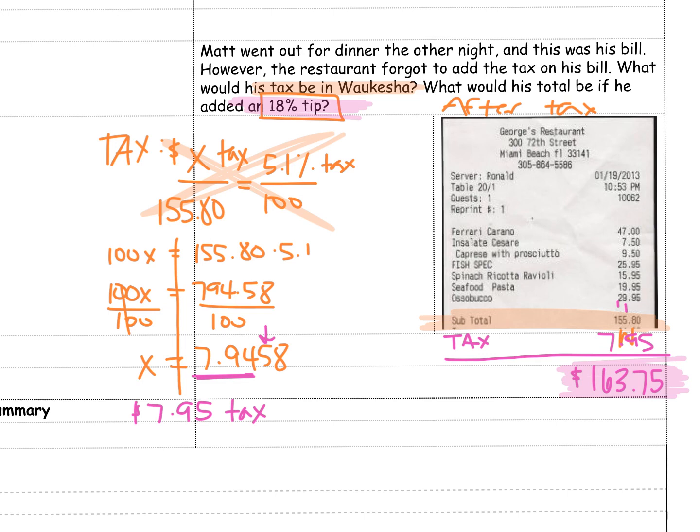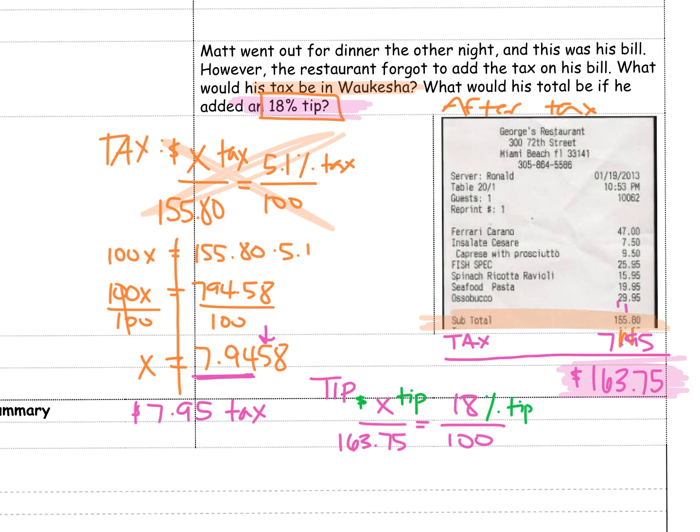How much will it cost me now to eat out? So now I have to calculate the tip. So set up your proportion. My total is now $163.75, and I want an 18% tip. And remember, if this is your percent tip, this is going to be the dollars of tip you will leave, not the answer.